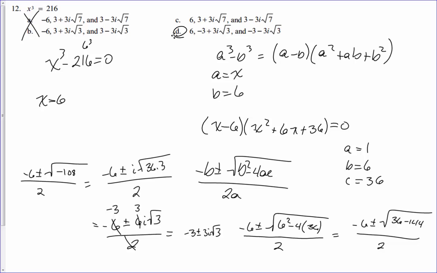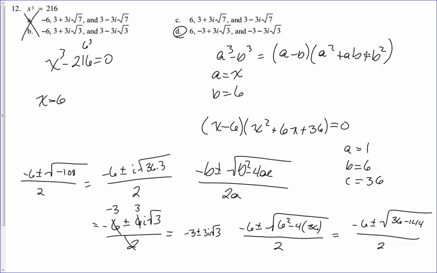All right. So you have to watch out for these because, like I said, it's just the difference of two cubes. And the difference of two cubes factors into a minus b, and then parentheses a squared plus ab plus b squared, where a is simply x because x cubed is a cubed, and then the 216 is b cubed, so you have to take the cube root of that to get 6.